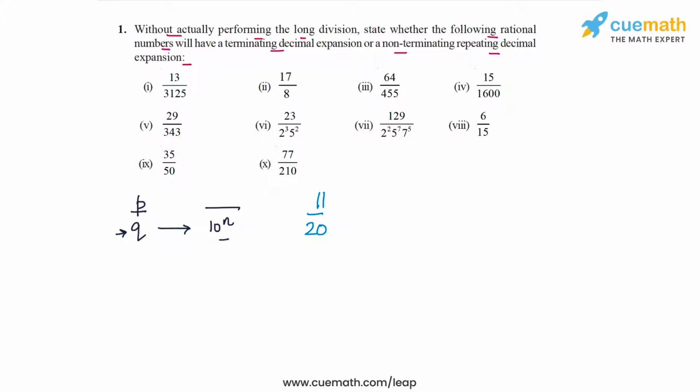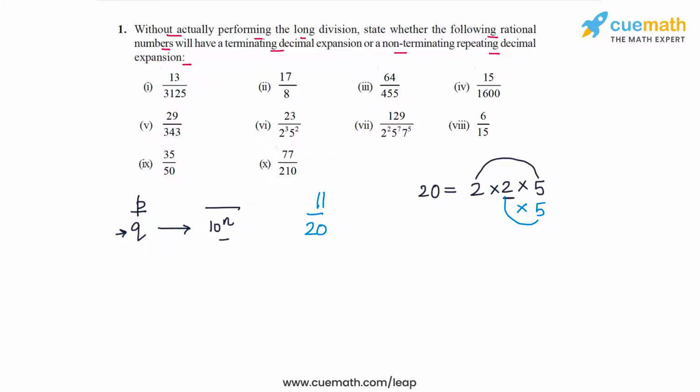Now in this number, the denominator 20 has the prime factorized form 2 into 2 into 5. Now one pair of 2 and 5 make a 10, but the other 2 is alone. But if I multiply 20 by 5, so if I introduce another factor of 5, then the second pair will also get completed and I will make another 10.